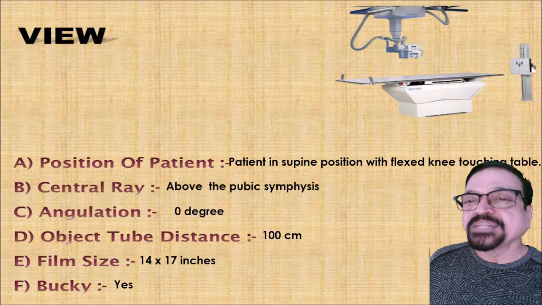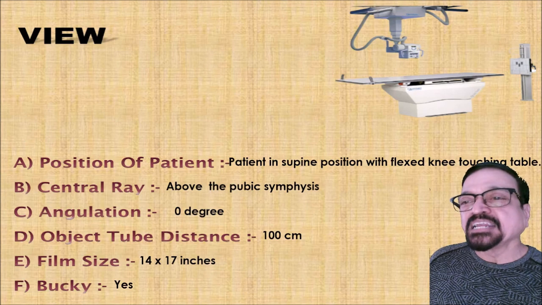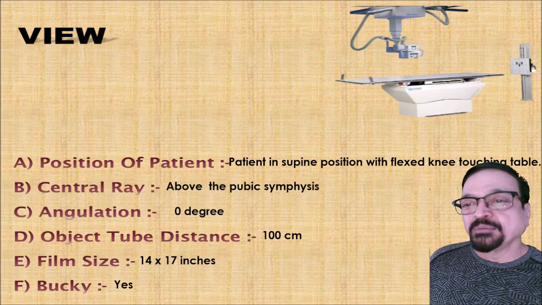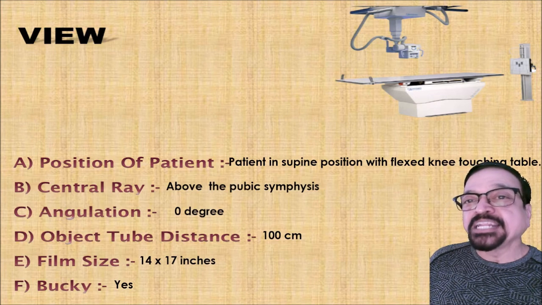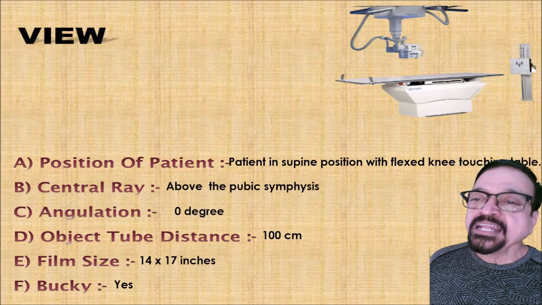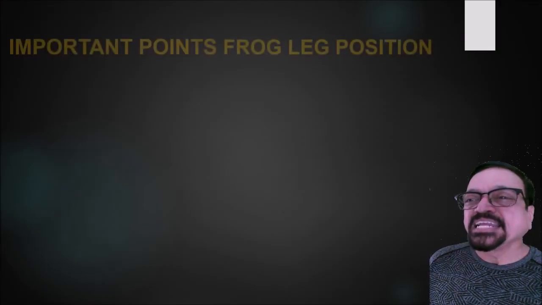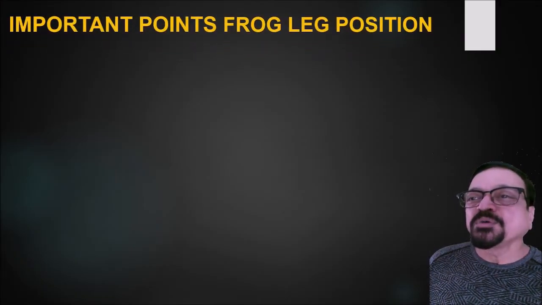It's easy to take. That's why sometimes it is taken for the lateral, but a true lateral, which we described before, including its limitations, is a bit difficult to take, and technically it needs more skill. Now what are the points of the frog leg position?